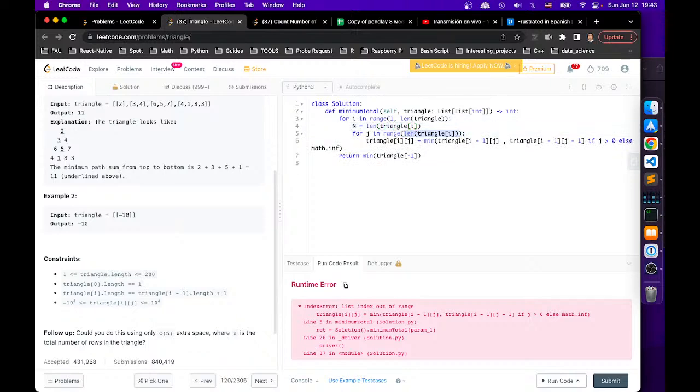Okay, so we have an n here, and then we say if j is smaller than n minus 1, else math.inf.